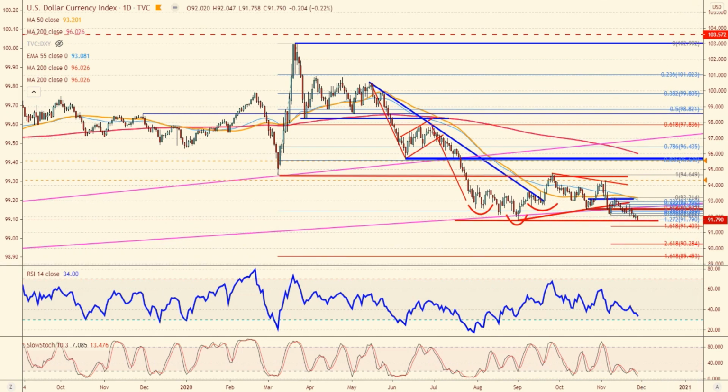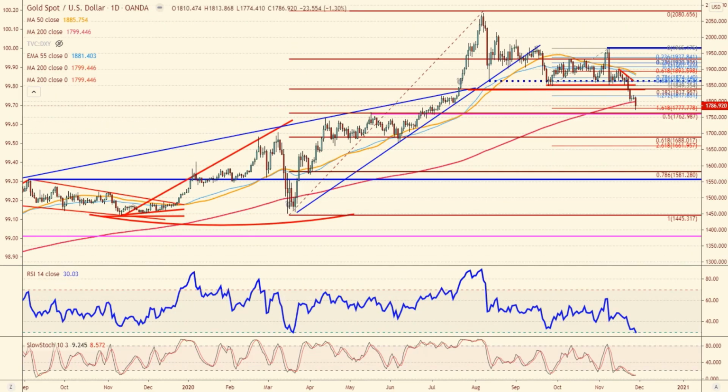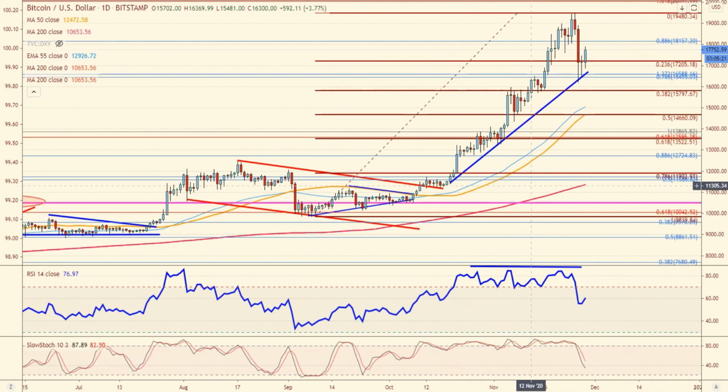One of the other things I wanted to bring up before I let you guys go is, I don't know if you guys have been watching, not gold. Gold's a big one too, but I don't know if you guys have been watching Bitcoin. Where is my Bitcoin? Oh, there it is. Bitcoin came down to some pretty important support here.